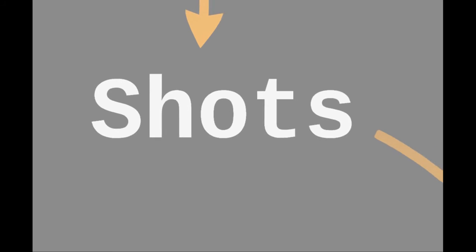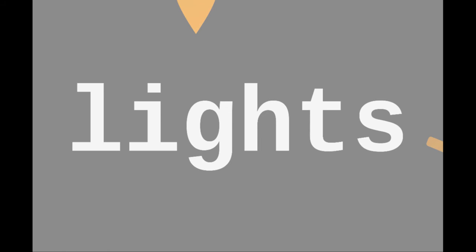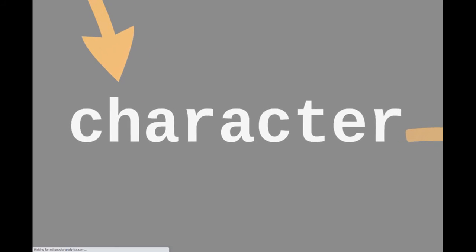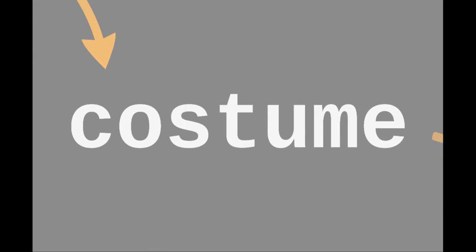So that comes down to the type of shots that you're designing your film for, which equally means that you're looking at things like mise-en-scene, what goes within your shot, how you are arranging and setting the scene for those shots. In the same instance, therefore, you're talking about lights, you're talking about color, you're talking about characters, as well as costumes.